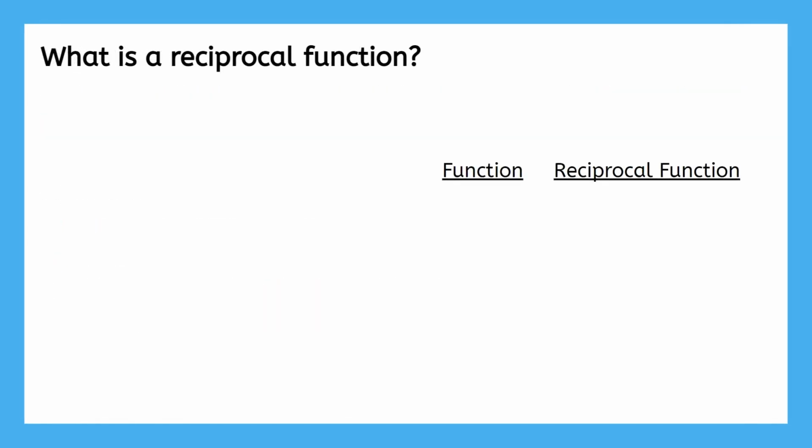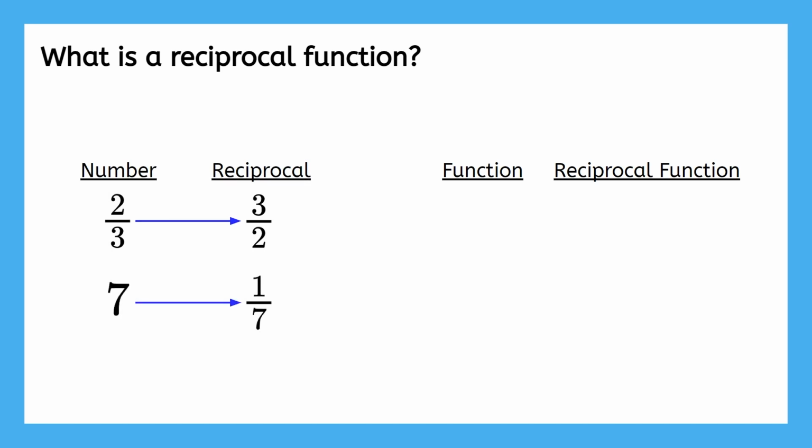As a reminder, the reciprocal is what you get when you flip a fraction. The reciprocal of 2/3 would be 3/2, and the reciprocal of 7 would be 1/7, since you can think of 7 as being the fraction 7/1. This applies to functions as well.